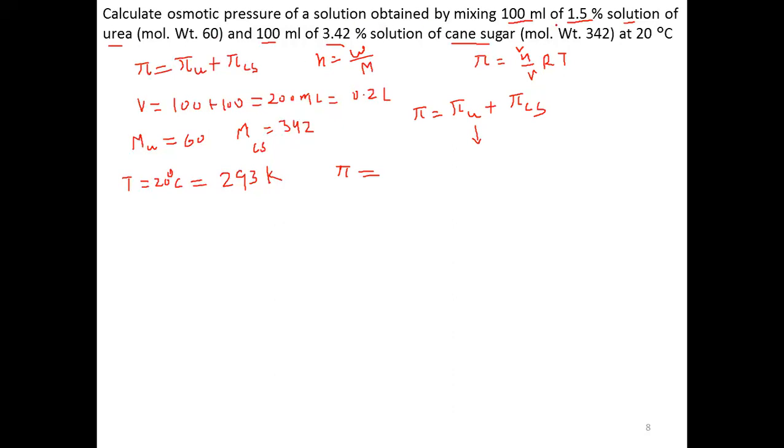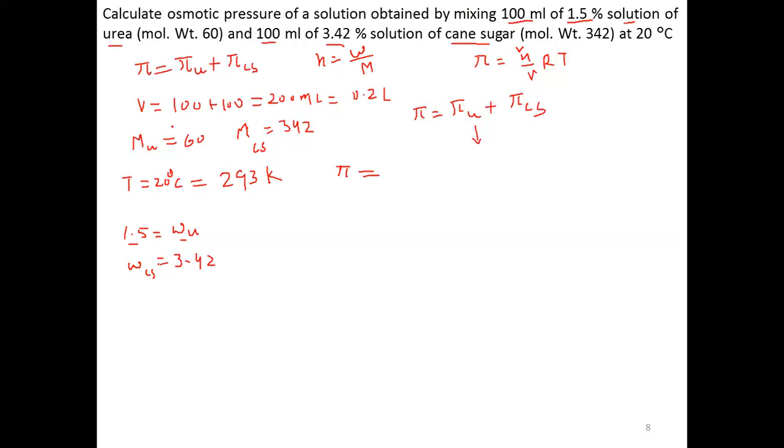Now what is the weight? 1.5% of urea means W urea is 1.5. Weight of urea is 1.5. Similarly, cane sugar is 3.42%, so W cane sugar is 3.42.